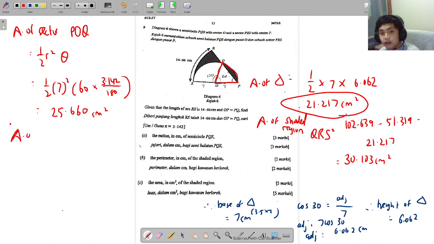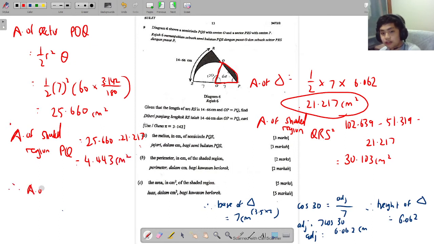Therefore, the area of the shaded region PQ equals 25.660 minus 21.217. So it's 4.443 cm square.